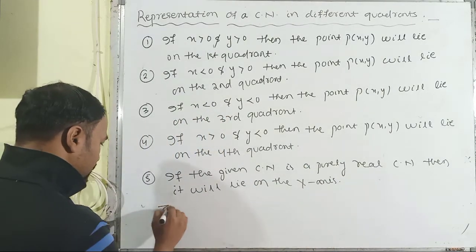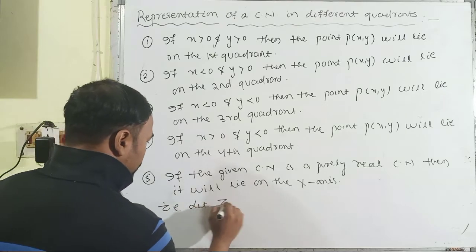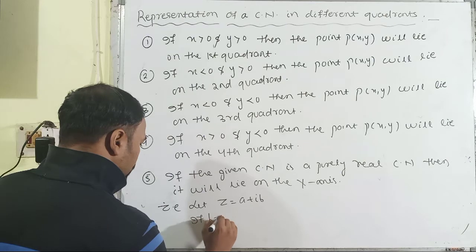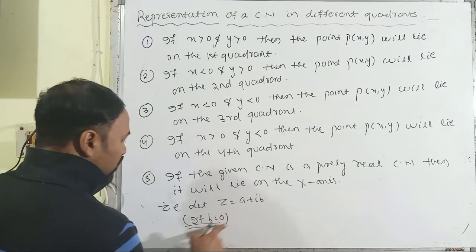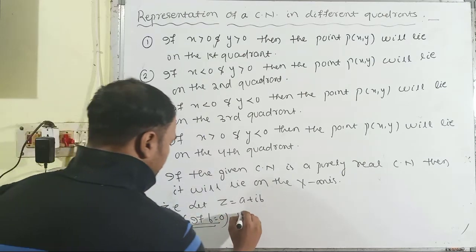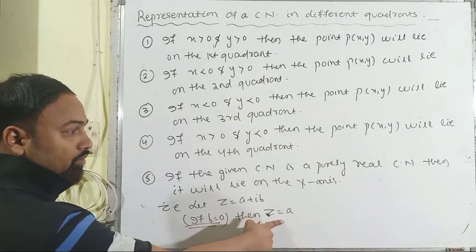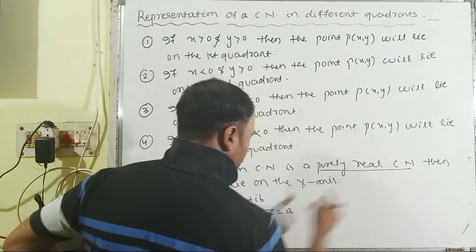That is, let z is equal to a plus ib. If b is equal to 0, that means the imaginary part is equal to 0, then z is equal to a, the purely real complex number.